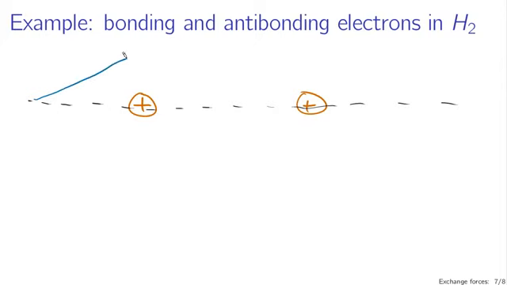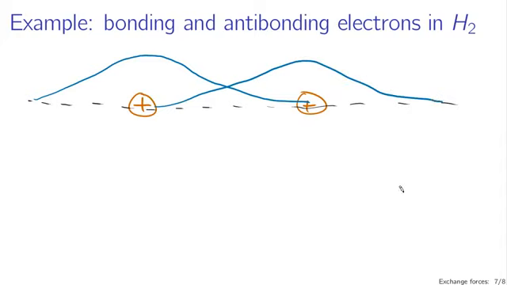One example where this is very important is in the hydrogen molecule, H2. In H2, we have, say, a proton and another proton. If you want to think about things along an axis separating these two particles, our electron wave functions are going to look something like this if I plotted them.